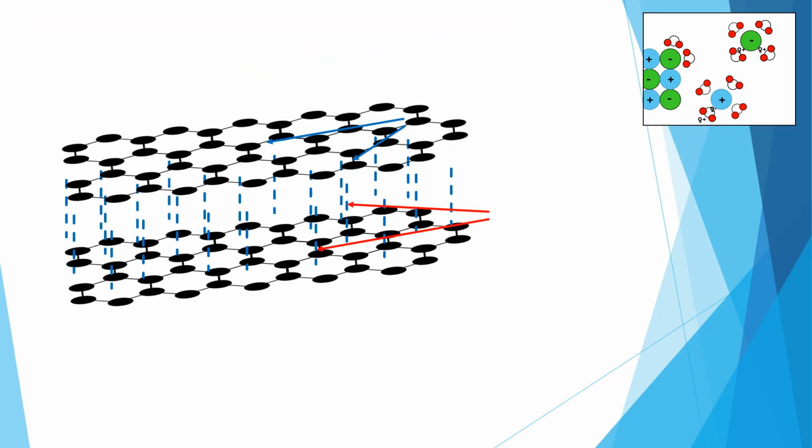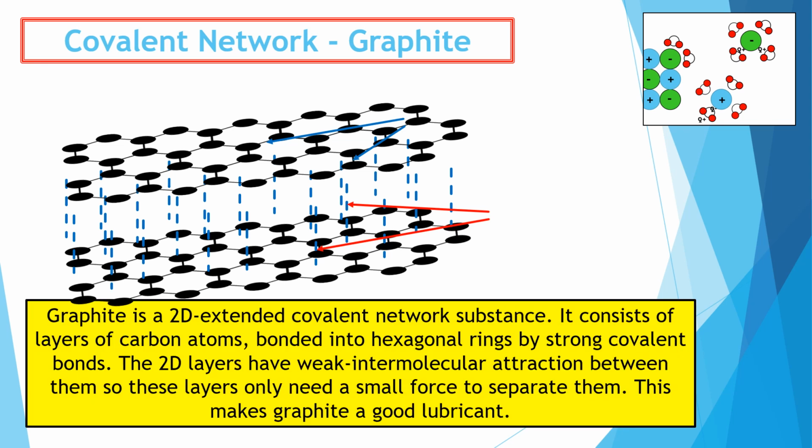Final interesting property about graphite: we said that they are two-dimensional covalent networks, but each of these two-dimensional layers is actually laid upon another two-dimensional layer, and in between the layers we have weak intermolecular attractions. So within the layer, between each atom, are strong covalent bonds, but between the two-dimensional layers are weak intermolecular attractions.